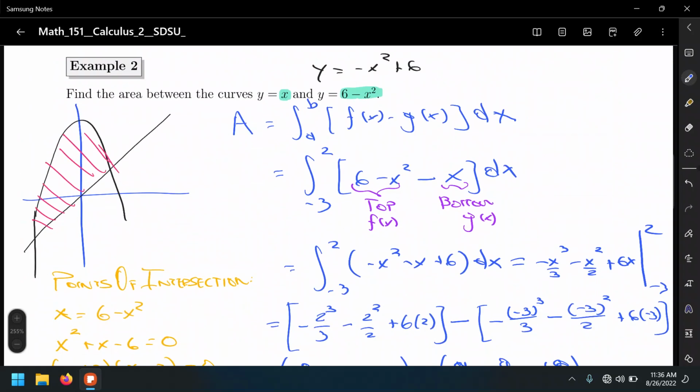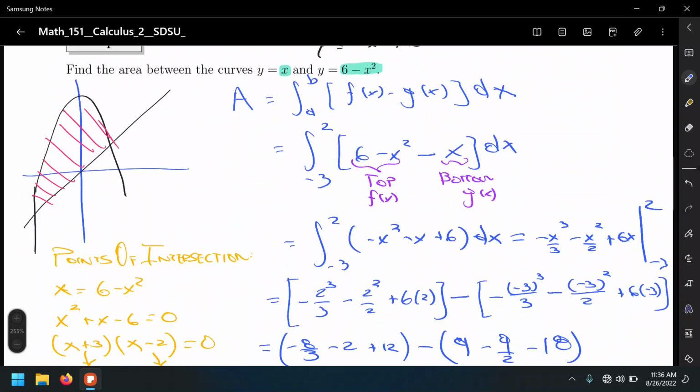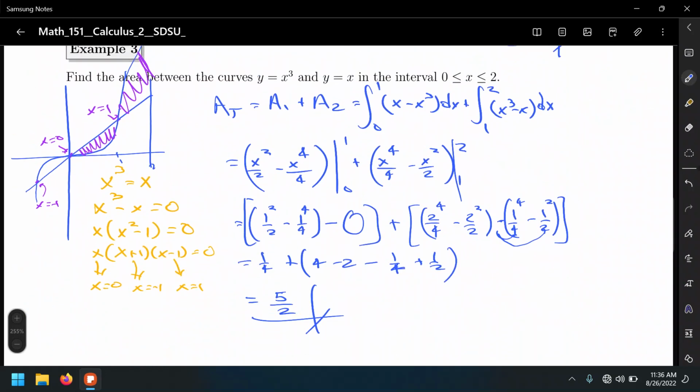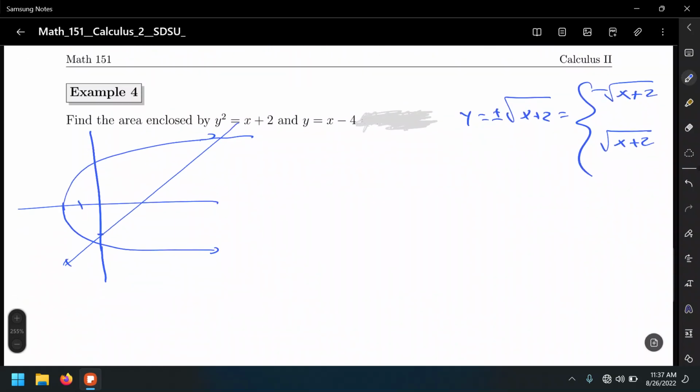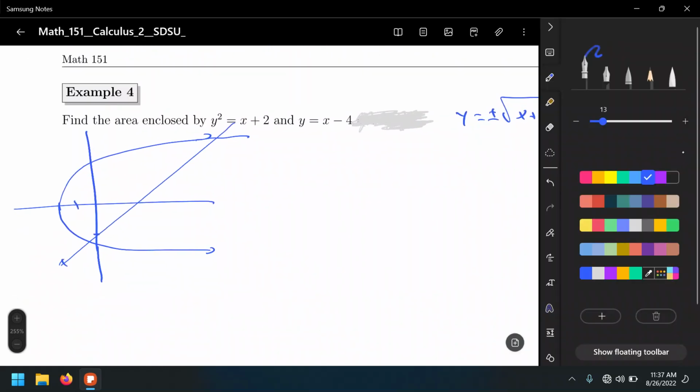Good. The second example, another smooth curve, right? Third example, we had to set up the problem in two separate integrals because of the intersection that twists the region of integration and changes the order of the top minus bottom situation, right? However, this problem right here is not a smooth curve because of this sharp corner right here, right?